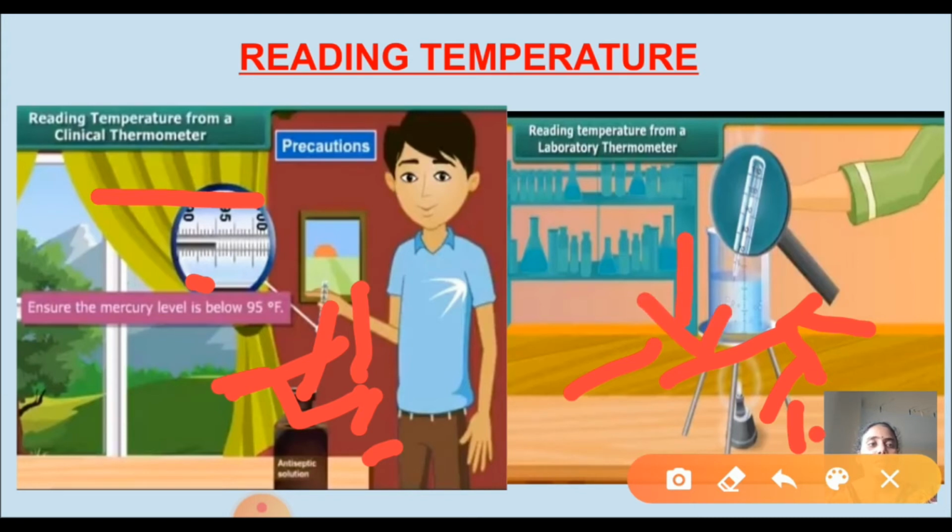The temperature will increase. For example, if we take cool water and dip the laboratory thermometer, the temperature will decrease. So in hot water the temperature increases, and in cold water the temperature decreases.